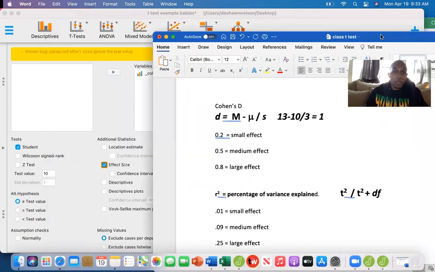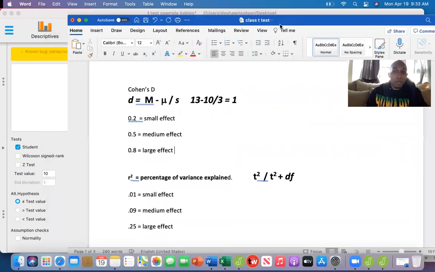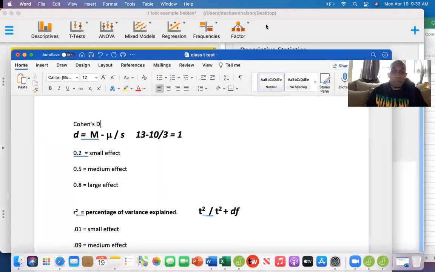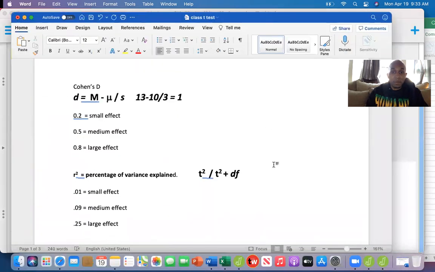The R squared, the percentage of variance explained. Let's run that ourselves. We do have a T value of 3. So we're looking at 3 divided by 3 plus degrees of freedom, or 3 divided by 11.